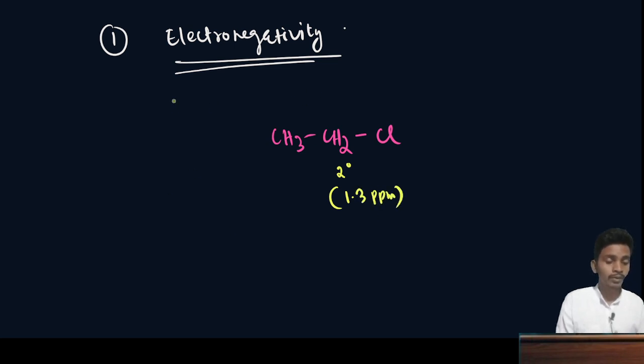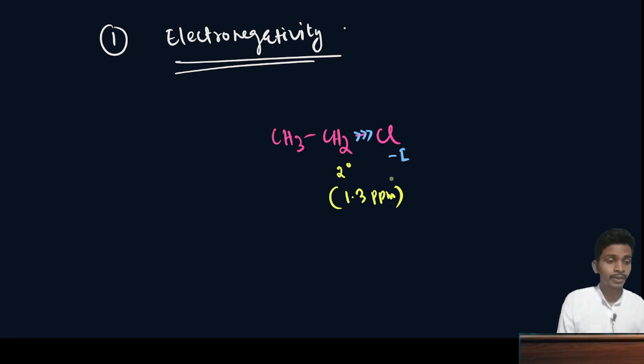Now if you attach this carbon to any electronegative group, then it has the tendency to do the minus I effect. So it will take electron density away, it means the electron density here will be reduced. This will affect the chemical shift values.